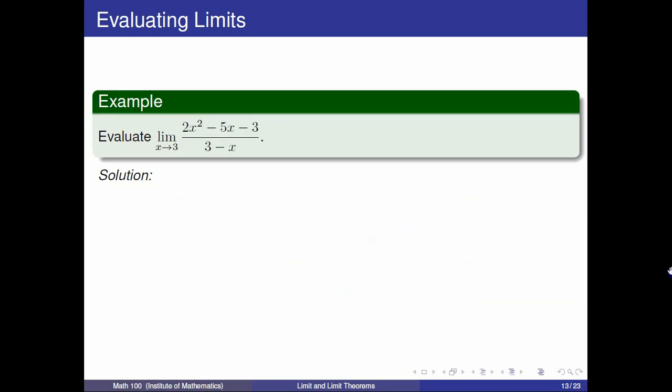Next, let us now consider this limit. So, this limit of a quotient, no? Tingnan natin kung kaya natin yung quotient of limits. Okay, what we have been doing so far is we've been substituting lang. So, tingnan nga muna natin kung kaya nating masubstitute yung 3 to x dito.